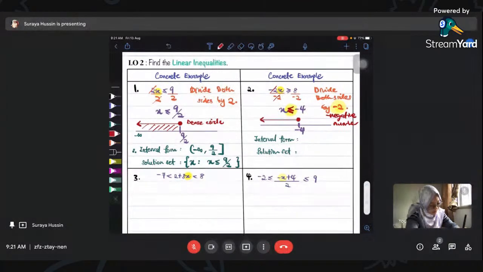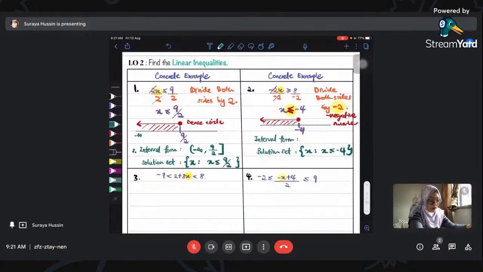Okay, go to the left. Shade the region. Saya buat yang ni dulu sebab saya memang dah sedia ada X is less than or equals to -4.